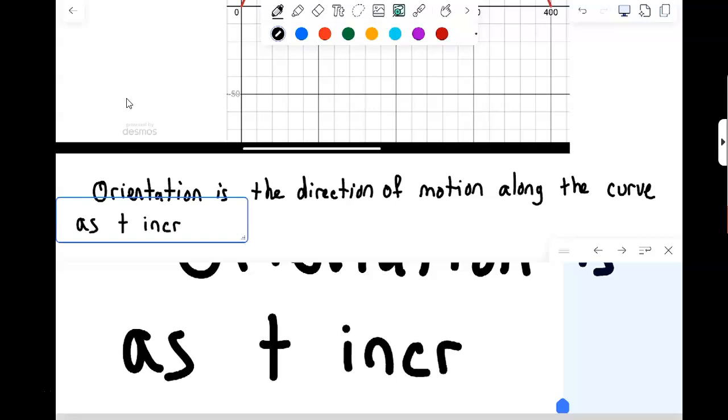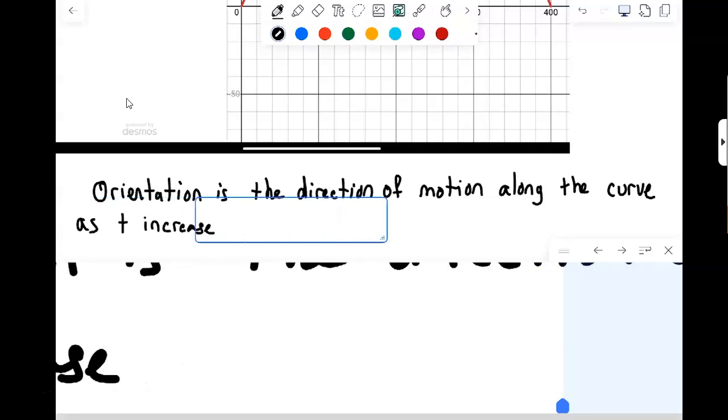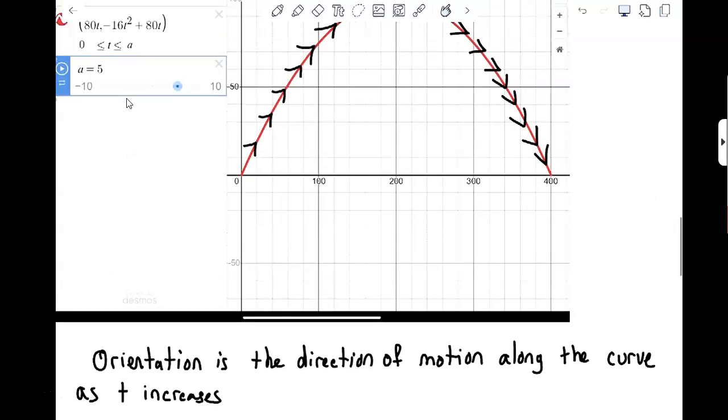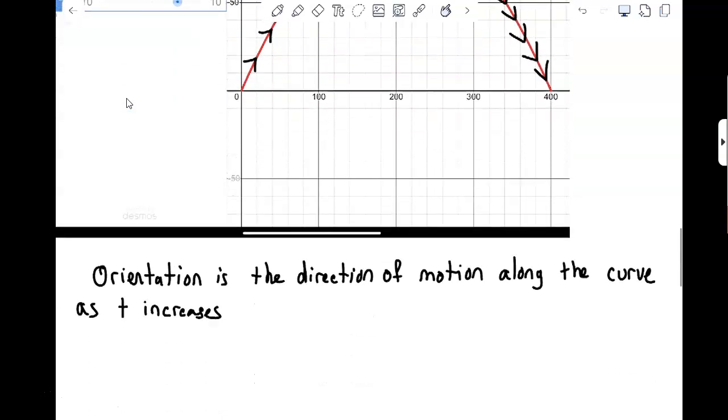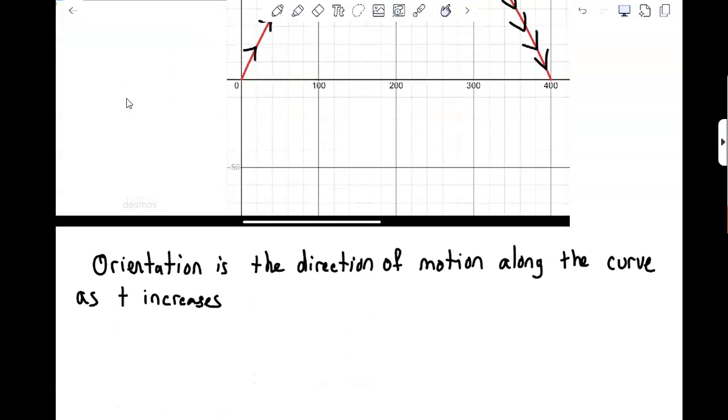Whatever way it's moving as t increases along the curve, that's called the orientation. Usually we would describe our orientation either as left to right, or in terms of circular motion, as clockwise or counterclockwise. That is generally how we would describe our motion.